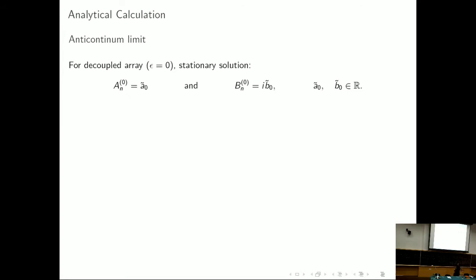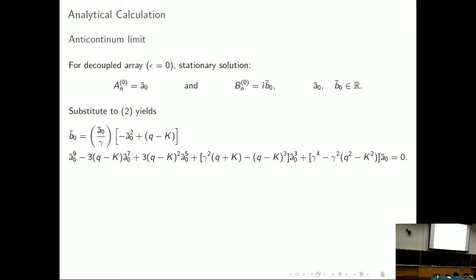Okay, so now let's consider two cases where they don't have coupling. For epsilon equals 0, so when this term is gone, and in the other case when epsilon is small. Now for epsilon equals 0, we take a_n as real and b_n as purely imaginary.